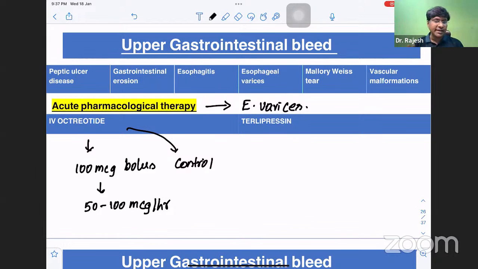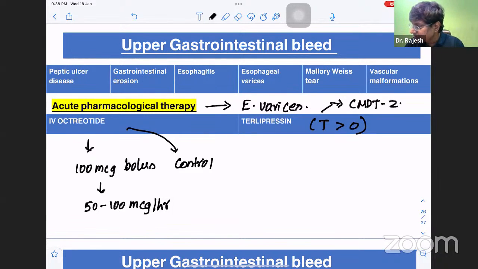See, in countries where it is available, terlipressin may be preferred to octreotide. What is the reference? I'm giving you the reference. This reference is from CMDT 2022. Okay, right. So terlipressin may be preferred to octreotide in the countries where terlipressin is available. Now the question is why?